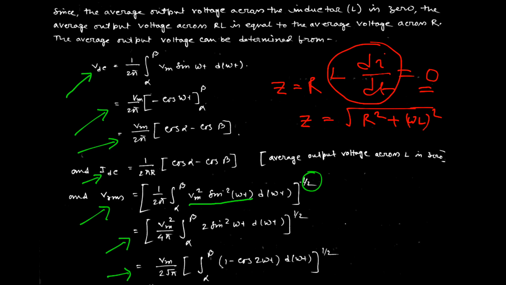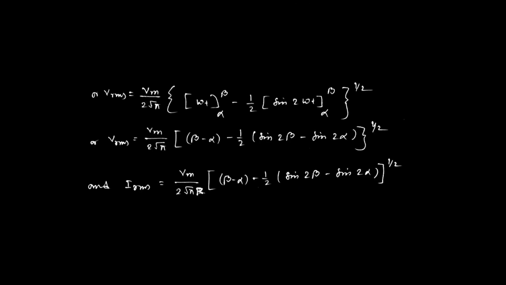Then we get Vm by 2 root pi times the integration from alpha to beta of 1 minus cos 2 omega t d omega t, under root. Simplifying again, V RMS equals Vm by 2 root pi times omega t from alpha to beta minus 1 by 2 cos 2 omega t from alpha to beta, under root.